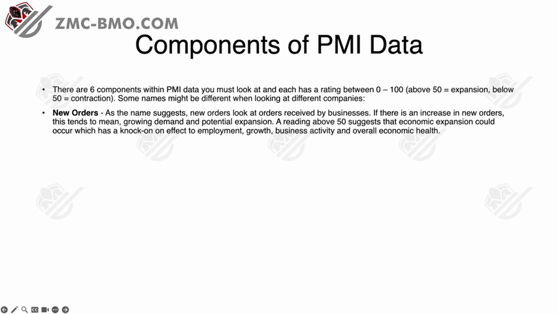And if the currency is following the rates channel, that means a stronger currency as well. So that's basically new orders: orders received by businesses. If we're seeing higher numbers, i.e. 55, 56, 57, 58, anything above 50 in the component of PMI, that's generally pretty good for that company, but also for the sector.